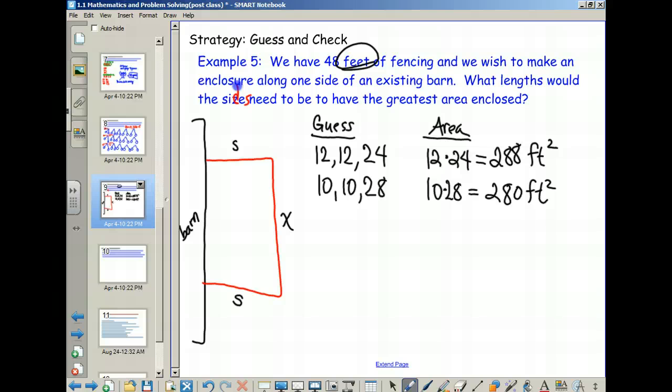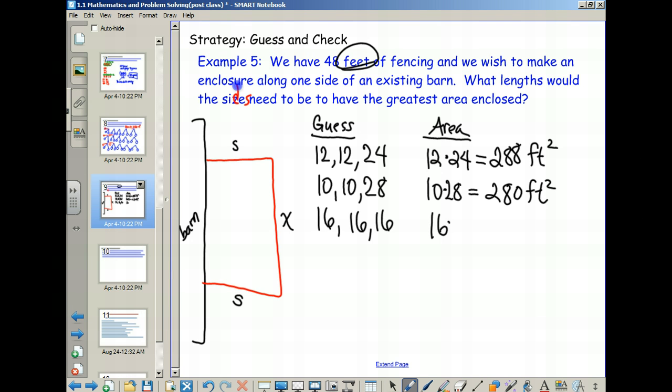16. Okay, so something bigger than 12, right? Okay, so let's try 16. If I do 16 and 16, what's my other one? 16.